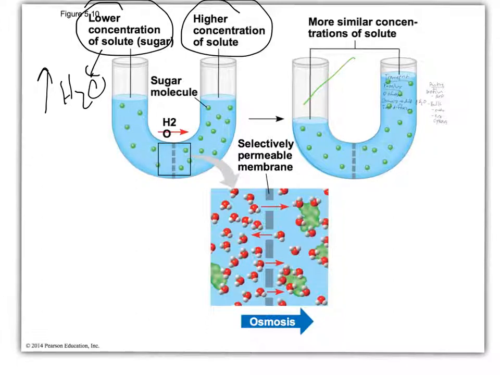Now higher concentration of solute on the other side means there's going to be lower amount of water, correct? So what's the net movement of water? From this side to this side, until it reaches equilibrium.